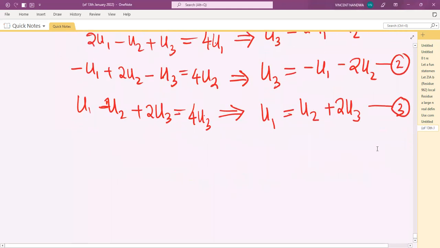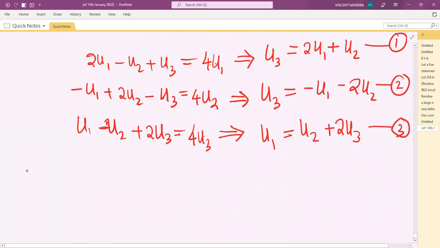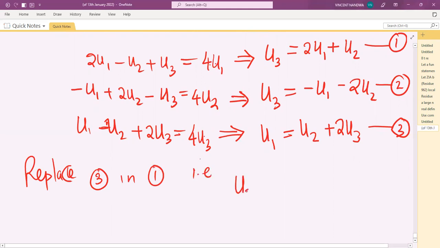Now replace 3 in 1, i.e. I'll have U3 equals 2, but where there's U1, I put U2 plus 2U3, then plus U2.